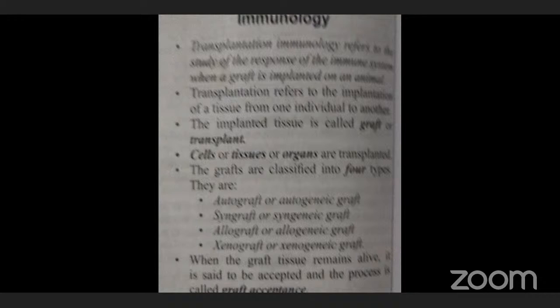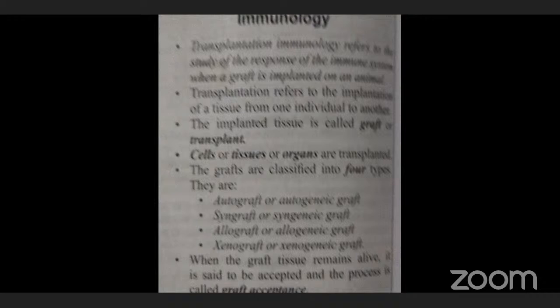Now I am teaching based on your NEET syllabus only. Transplantation immunology is the study of the response of the immune system when a graft is implanted in an animal. Simply, it is the implantation of tissue from one individual to another. For example, if the kidney, the renal organ, has failed, what do we do?